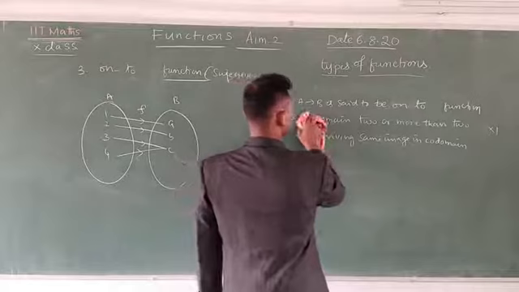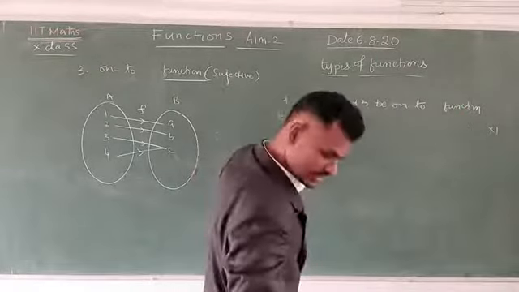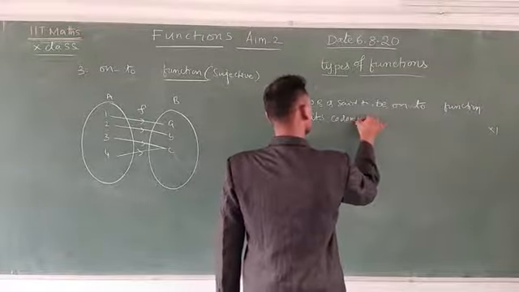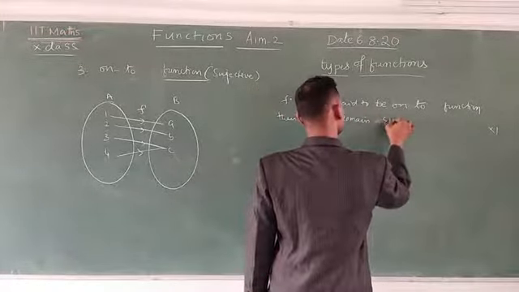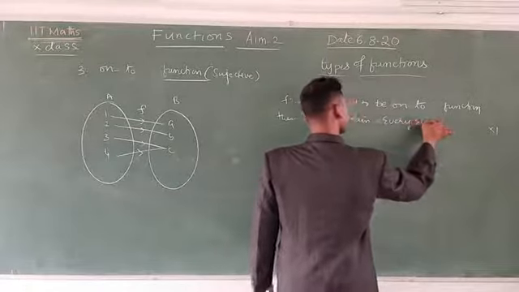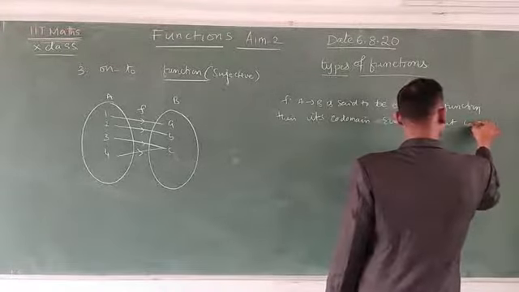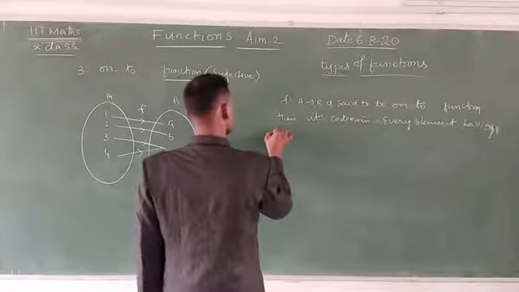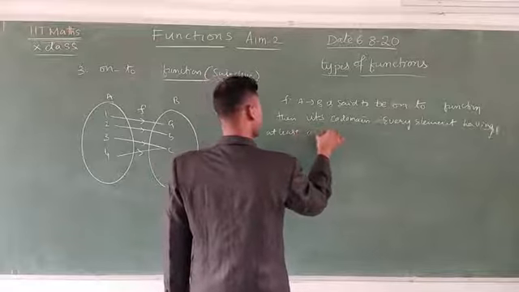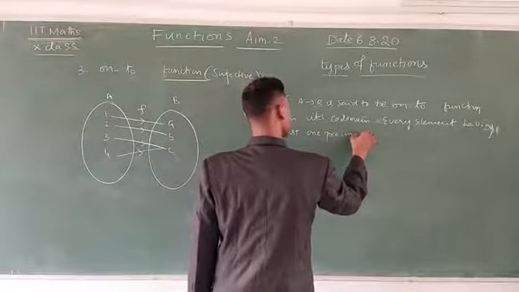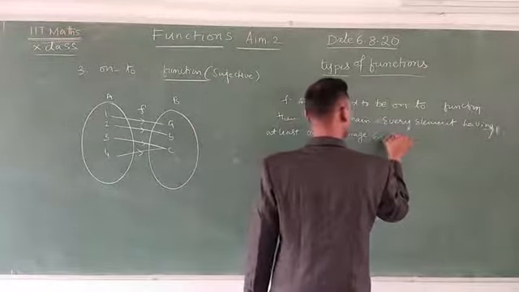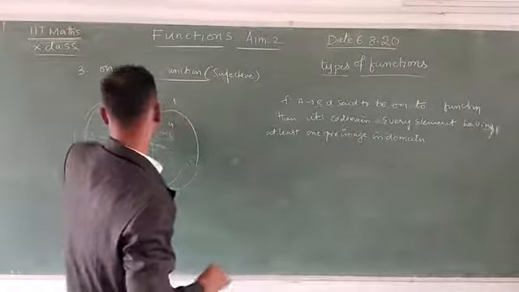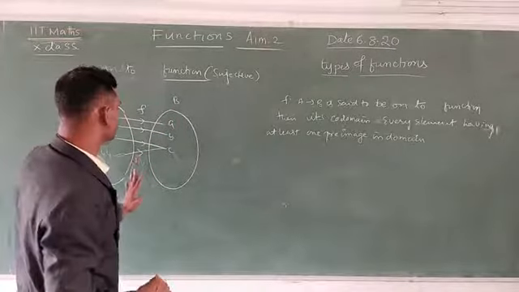Then in the codomain, every element having at least one pre-image in domain, then F is a mapping from A to B said to be onto function.